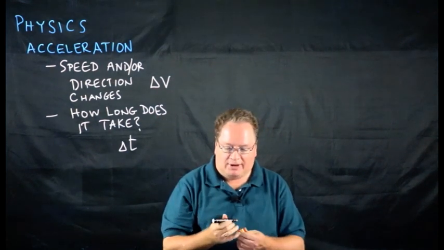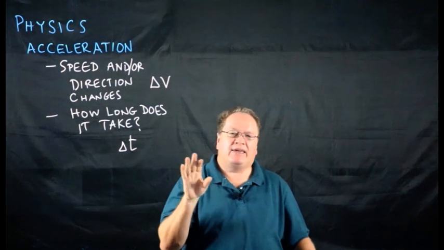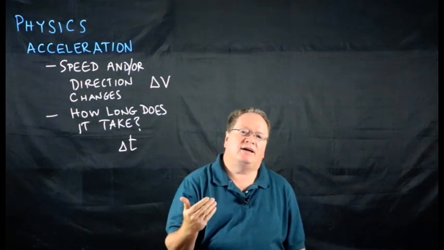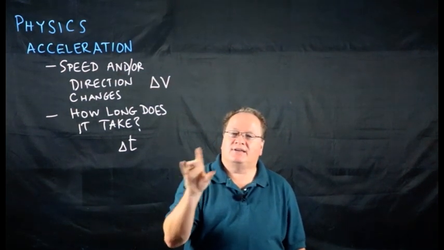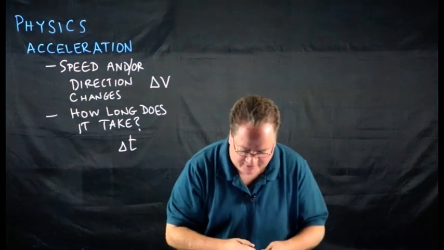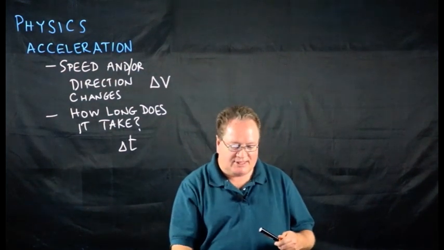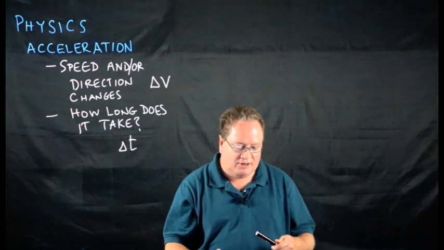And so what we want to look at now is, let's see if we can figure out how to make a formula out of these. And the way that we do this, we use some symbols that may look a little bit strange to you.